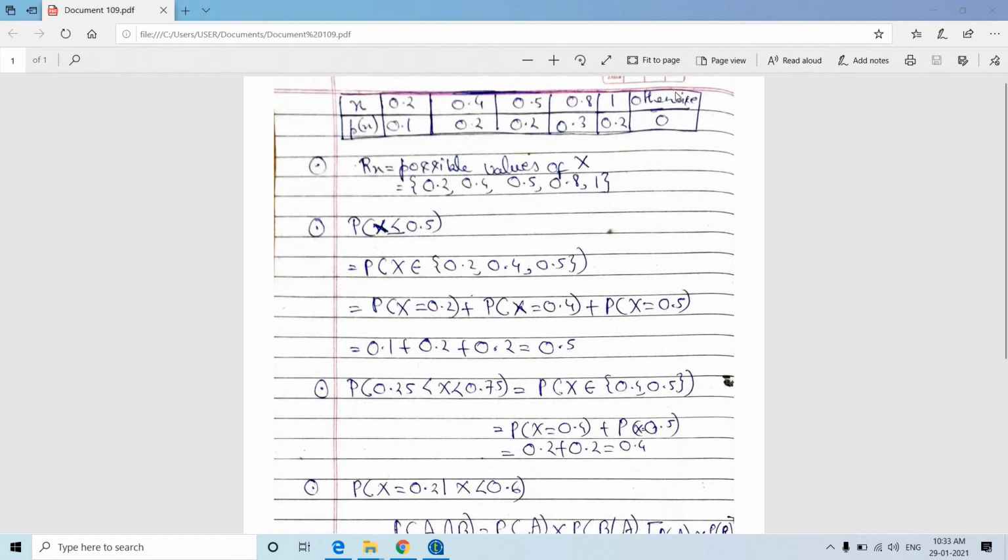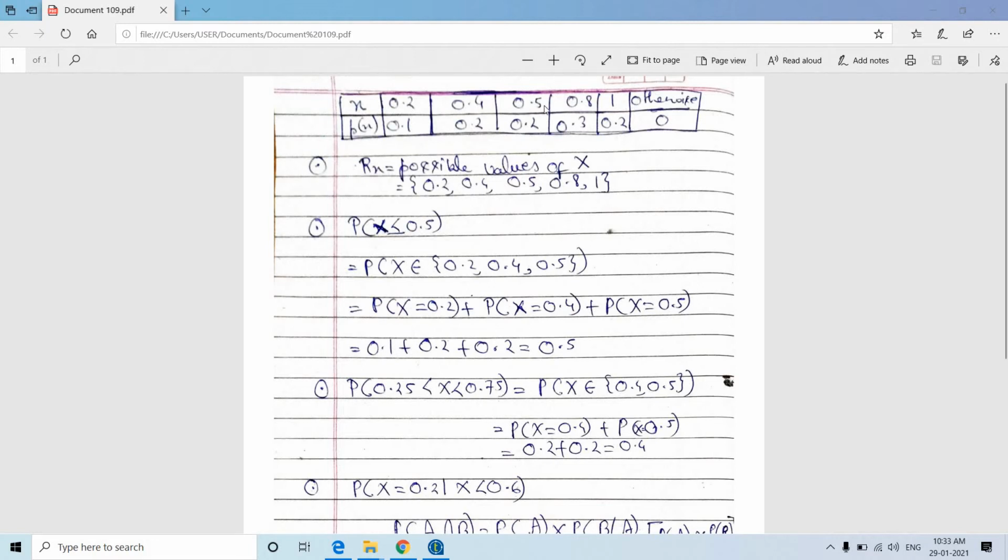That is, any value apart from 0.2, 0.4, 0.5, 0.8 and 1 is not possible as an outcome for this random experiment. So for otherwise we get 0 probability, that is, that case will not at all appear in our experiment. So we will be getting this kind of table.